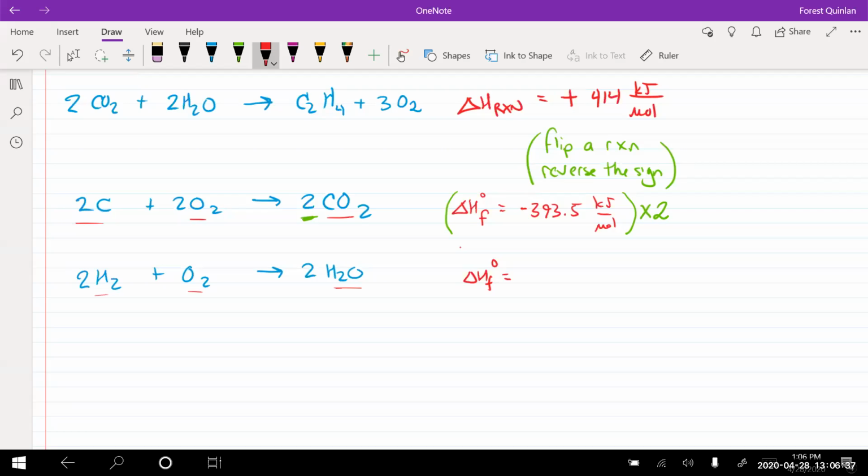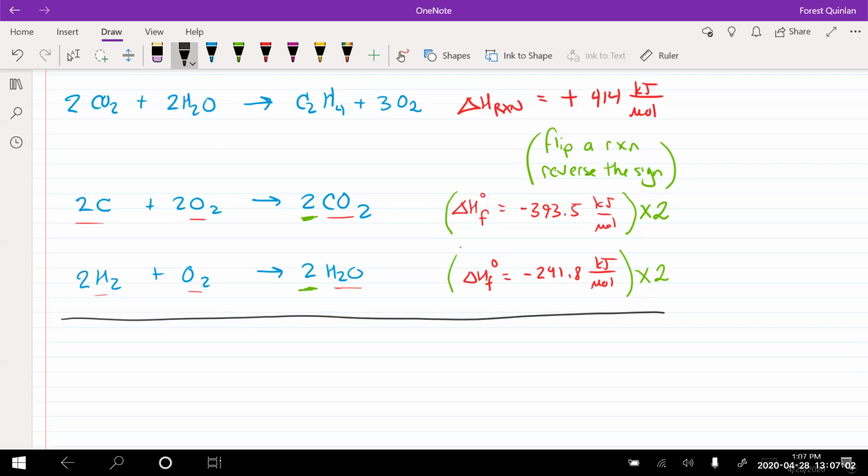So we're not talking about a reaction, we're talking about the formation from its elements. That was negative 241.8 kilojoules per mole. But hopefully you see that since I multiplied everything by 2, I should multiply that by 2.